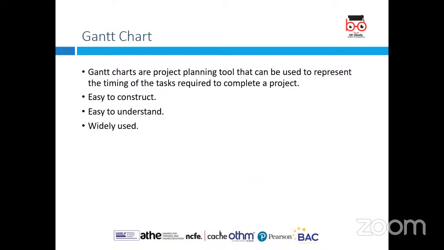Gantt chart, I've already explained how it works. By definition, a Gantt chart is a project planning tool that can be used to represent the timing of the tasks required to complete a project. It is easy to construct, easy to understand, and widely used.